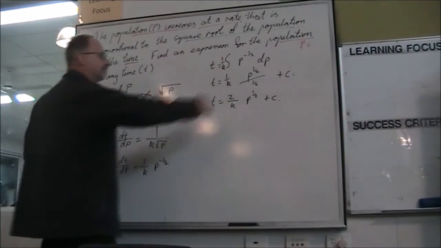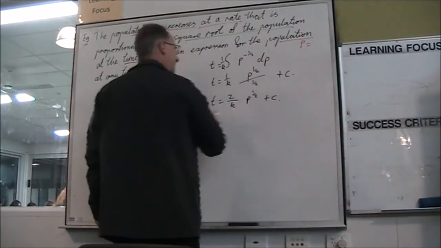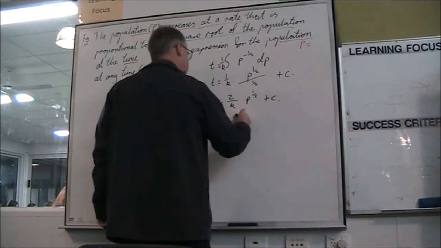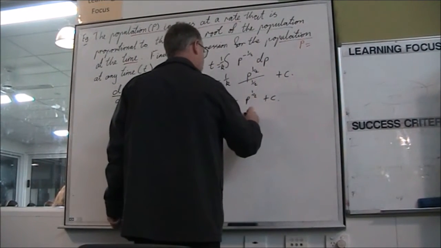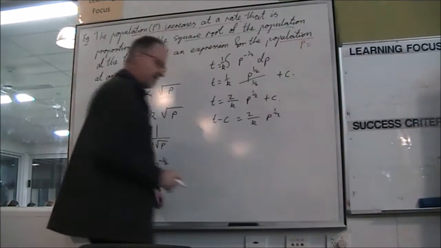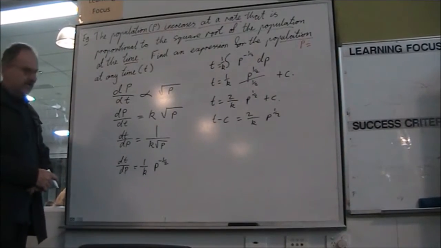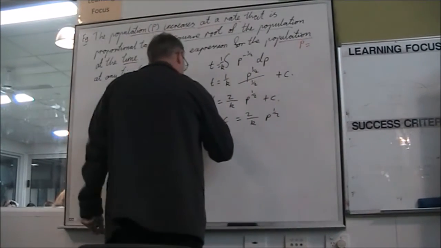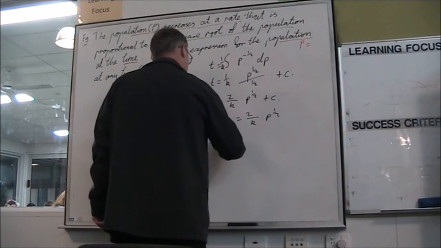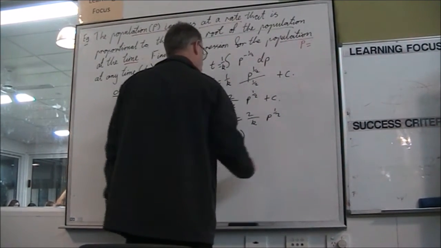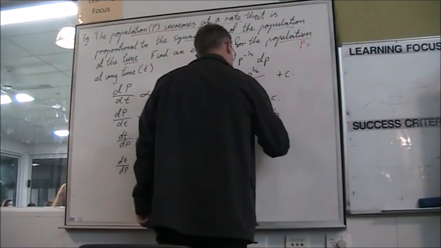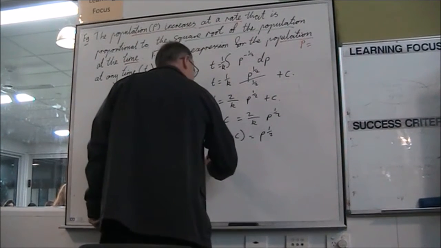All right, so let's add, or take our constant, I should say, plus that equals 2 on k, p to the half. Times both sides by k on 2, is p to the half, and to get rid of the half, what do we do?